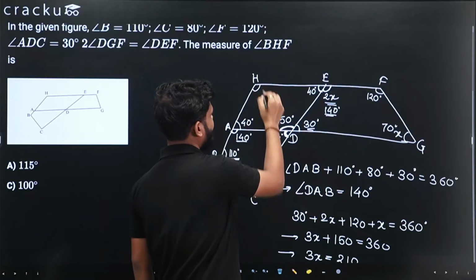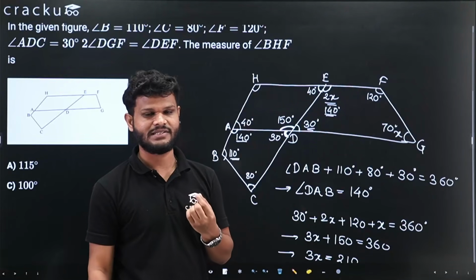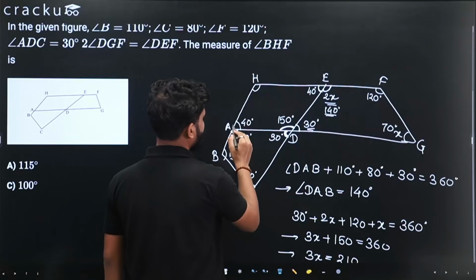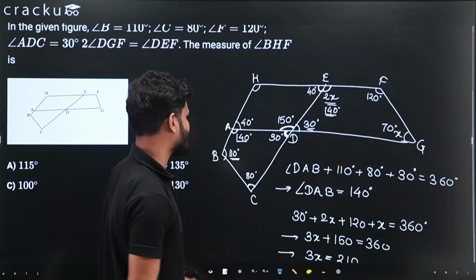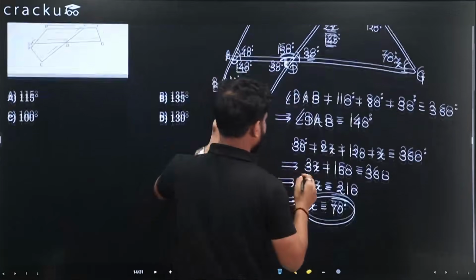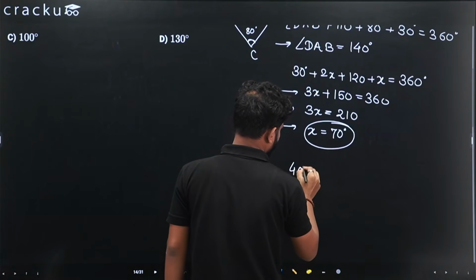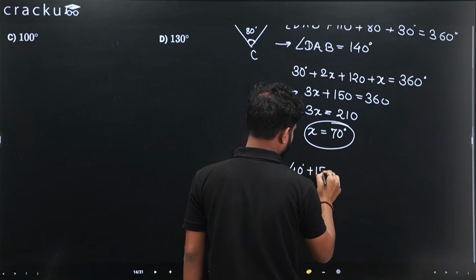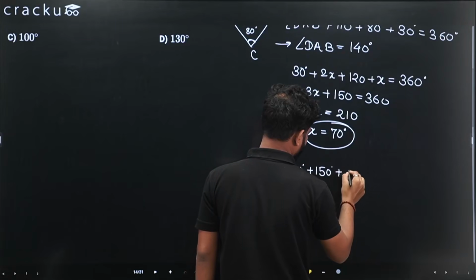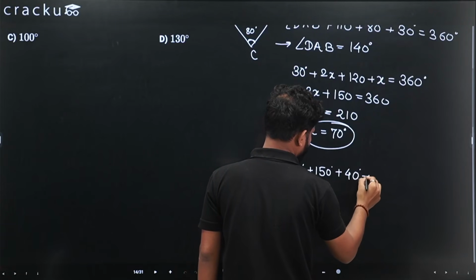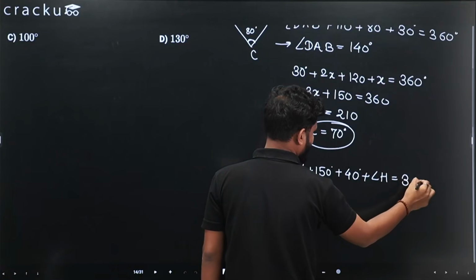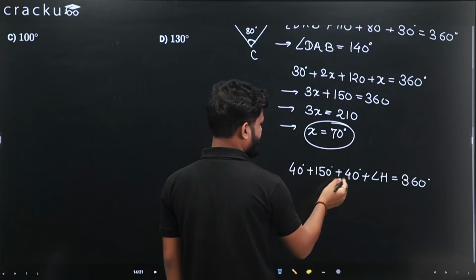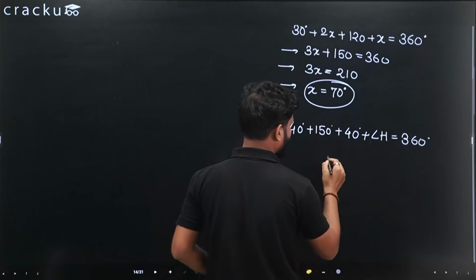The remaining angle we can find out by subtracting from 360. How? Because in this quadrilateral ADEH, the sum of all angles will be 360 degrees. So I can write 40 degrees plus 150 degrees plus 40 degrees plus angle H is equal to 360 degrees. 40 plus 40 is 80, 80 plus 150 is 230.